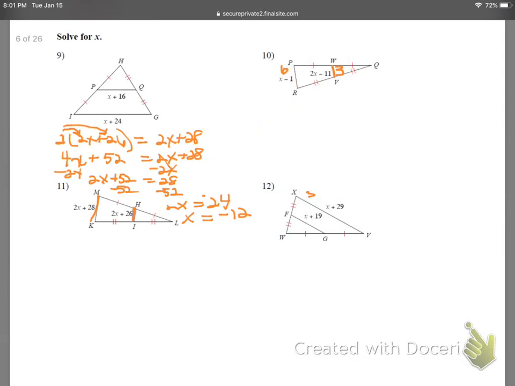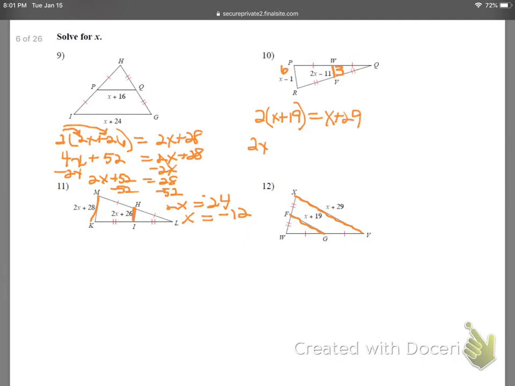We want to do question number 12. Okay, so look at 12. It looks to me like FG is the mid-segment, and without explaining it again, you should be able to tell me why. And XV is the part of the triangle that is parallel to FG. Therefore, 2 times x plus 19 has to equal x plus 29.